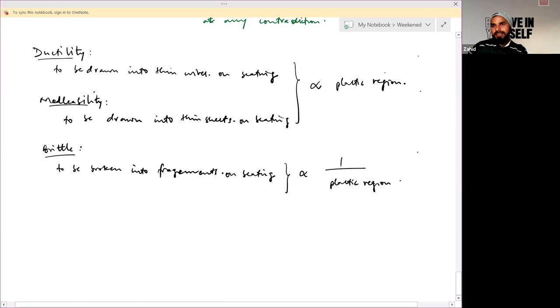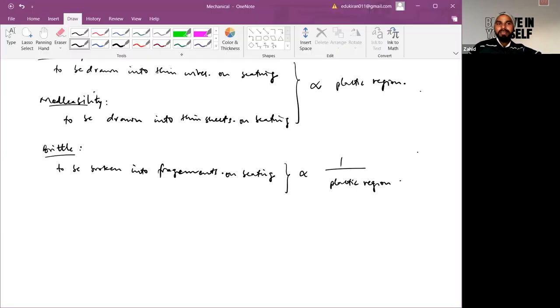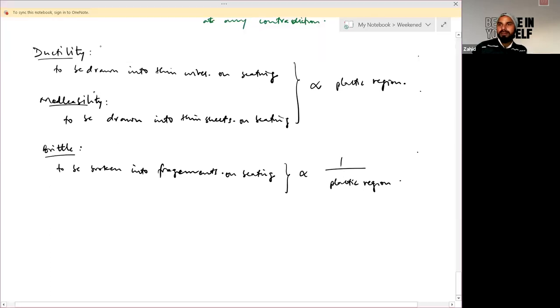So the greater the plastic region of a body, the more tendency of ductility and malleability. That's why gold is most ductile and most malleable.